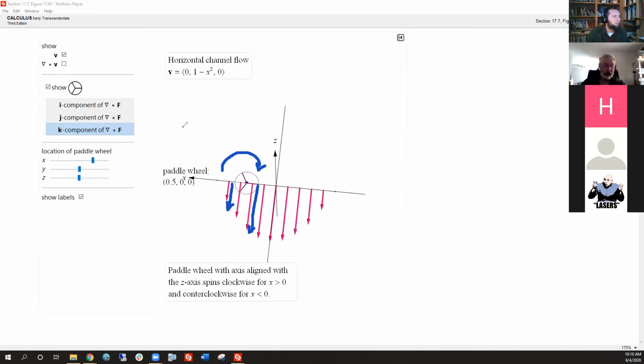What would happen if we moved our paddle wheel over to the other point? It'll spin the other direction. So if we go over to here, it's now going to spin the other direction because there's more velocity on the left.